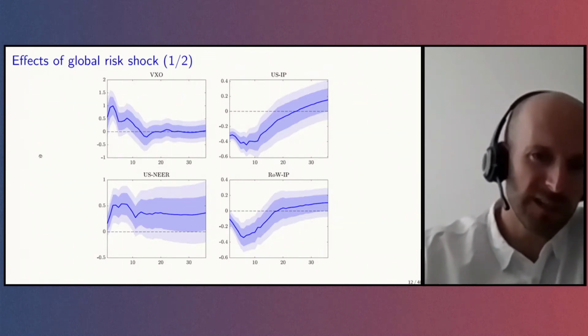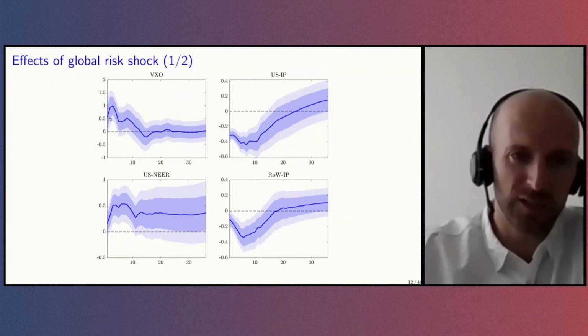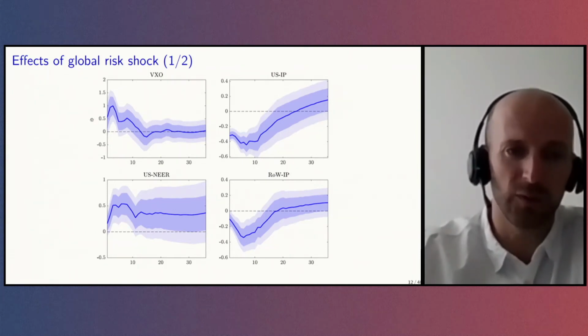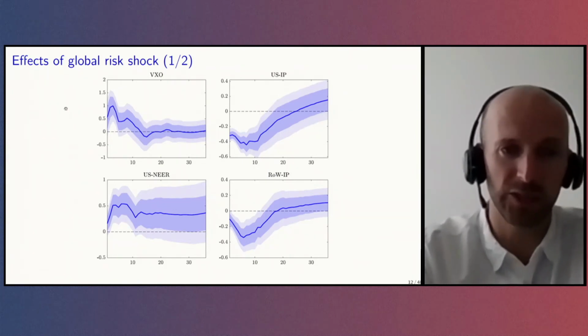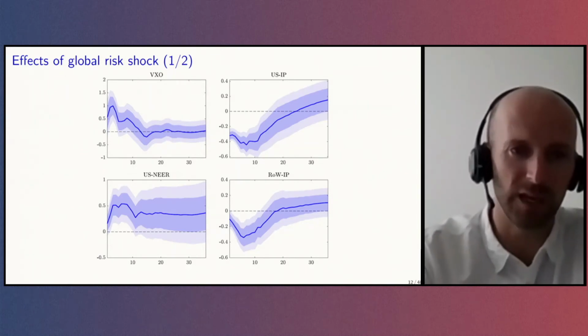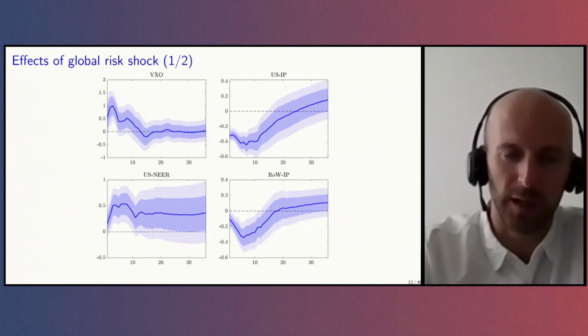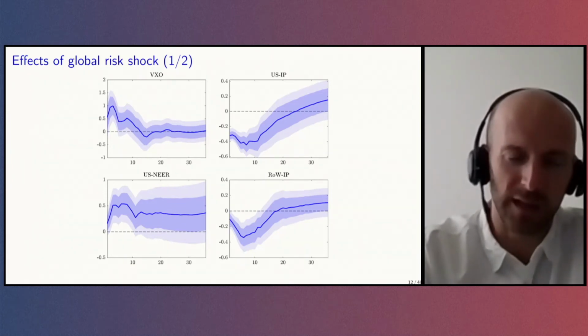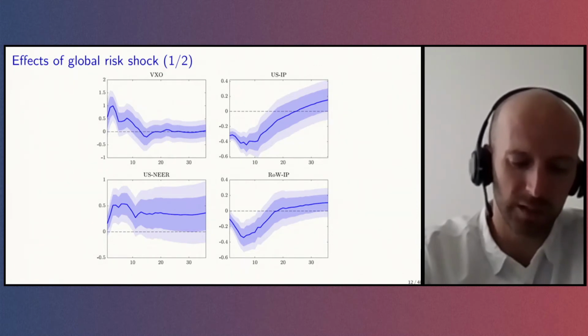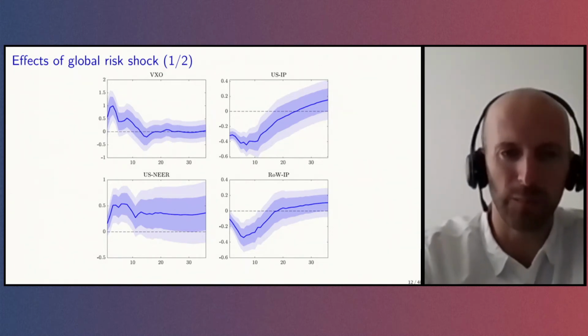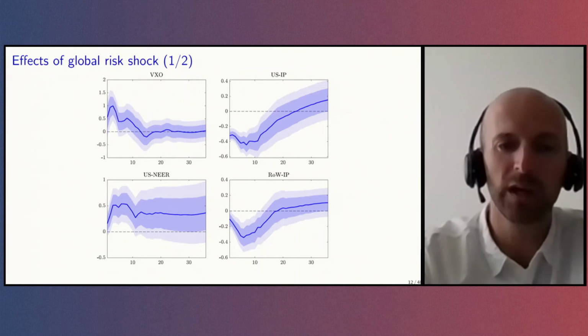I'd like to emphasize again one thing: the finding that the VXO goes up here is not hardwired into the estimation, as it would be, for example, in a VR with recursive identification. There, when you shock a particular equation, then by construction, the variable whose equation you're shocking is going to go up on impact. This is not so in this framework.